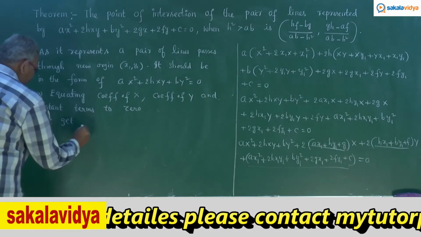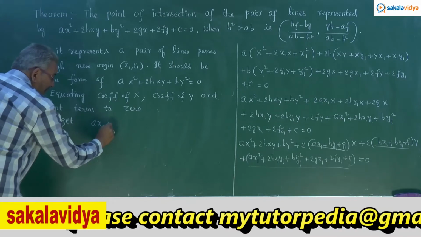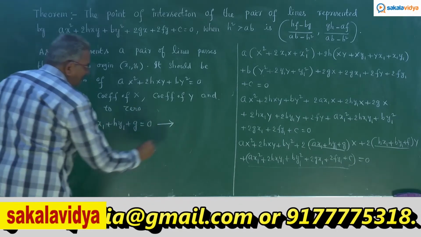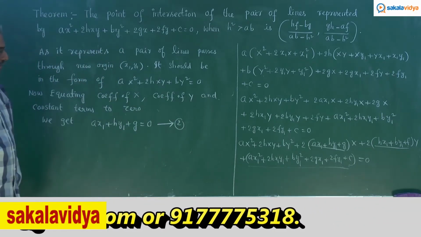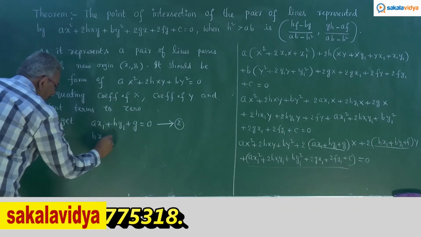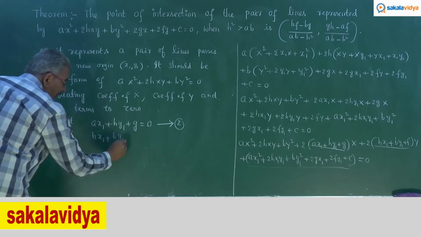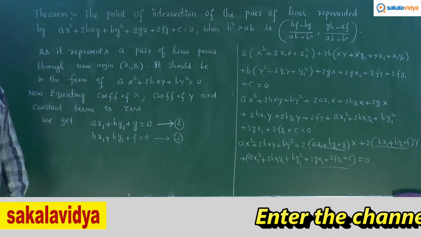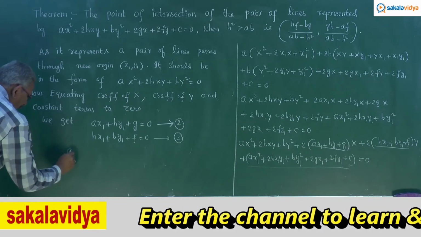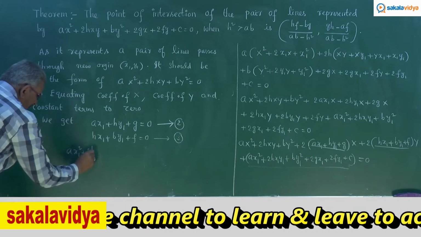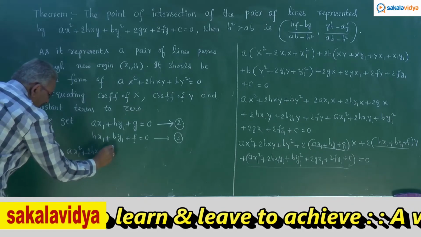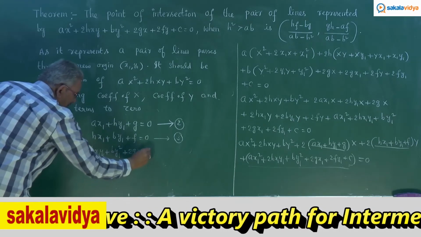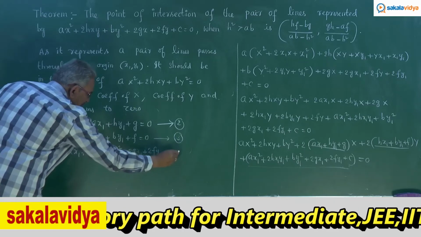So, now we get ax1 plus hy1 plus g must be 0, say equation 2, and next hx1 plus by1 plus f is equal to 0, say equation 3, and next ax1 square plus 2hx1y1 plus by1 square plus 2gx1 plus 2fy1 plus c must be 0.